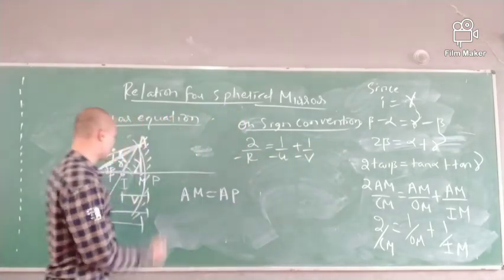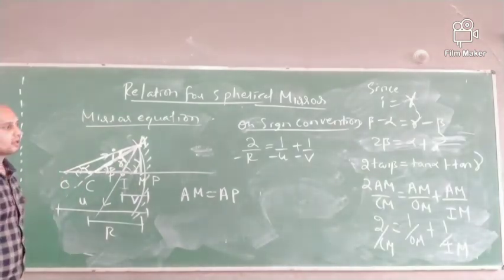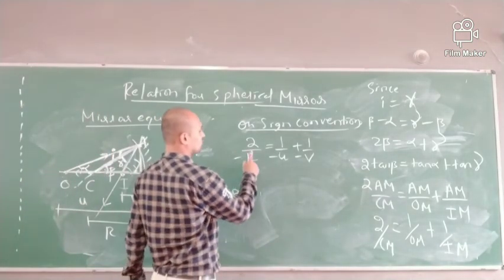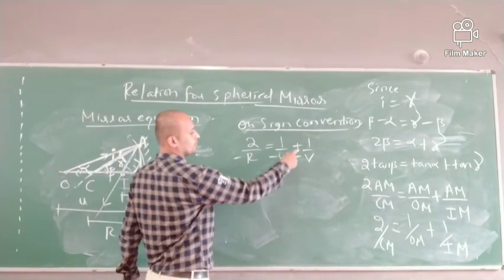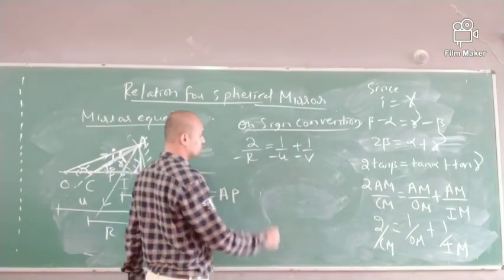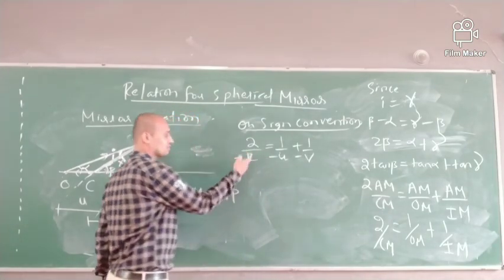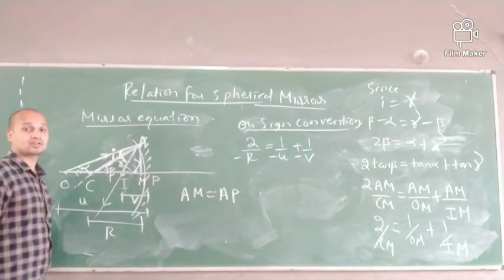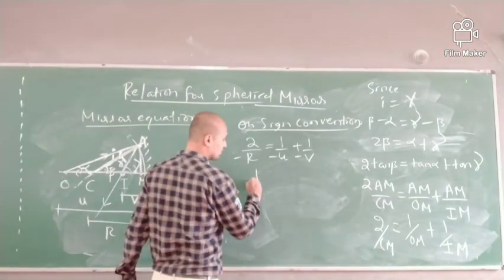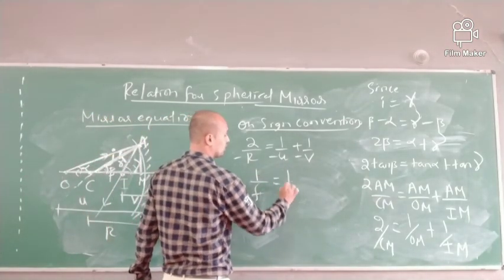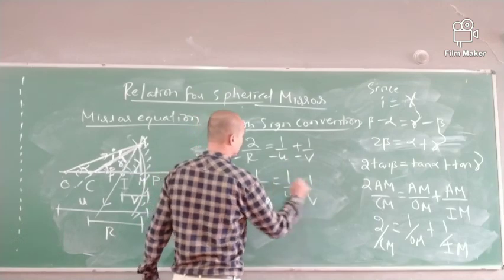Negative sign because all of them are formed on this side. Correct, no? So 2 by minus R is equal to 1 by minus u plus 1 by minus v. What is the value of 2 by R? From the previous derivation, 2 by R is nothing but 1 by f. Here it will become 1 by u plus 1 by v equals 1 by f.